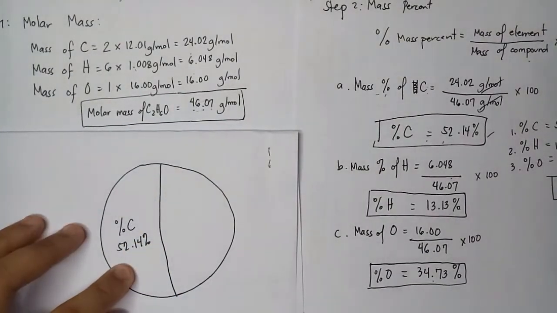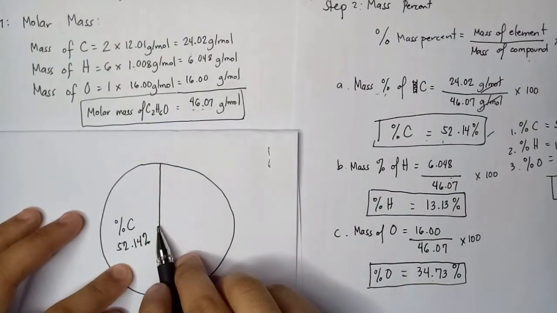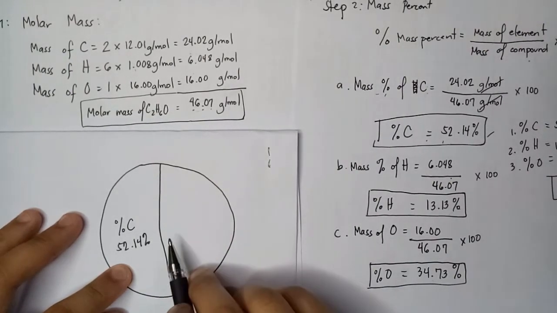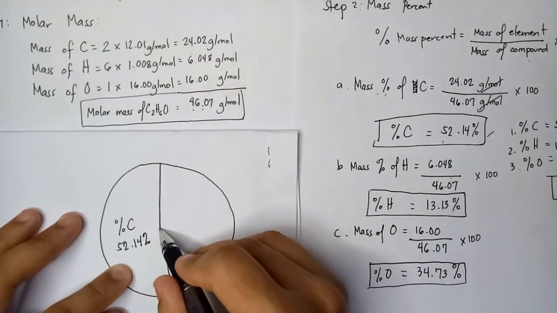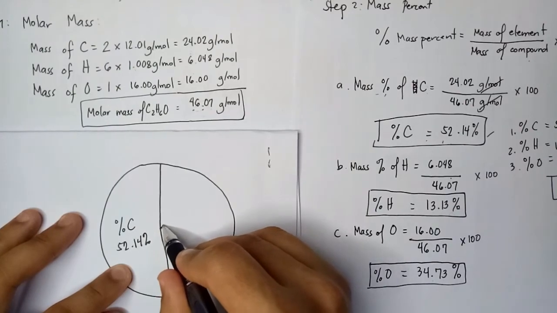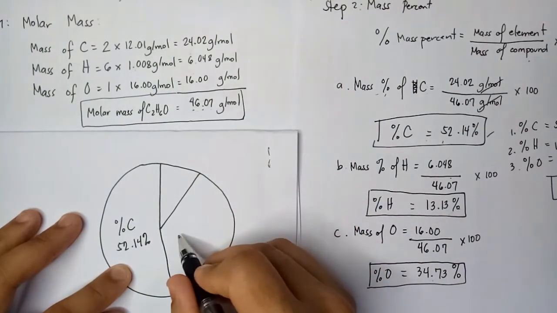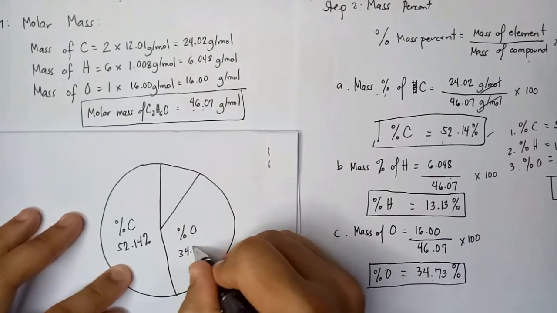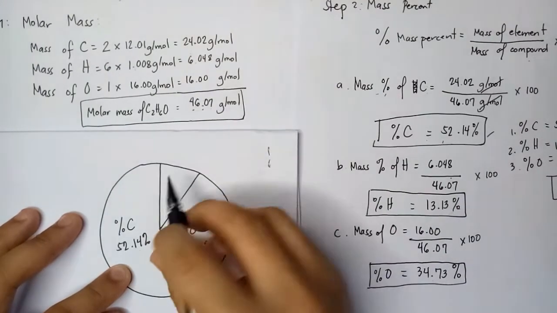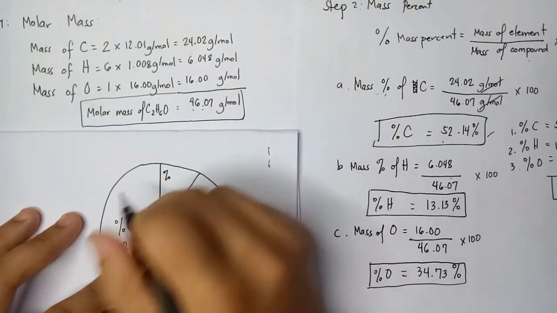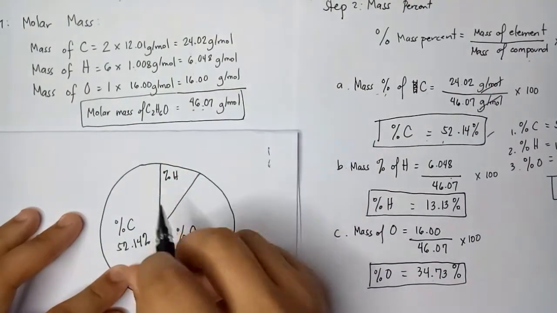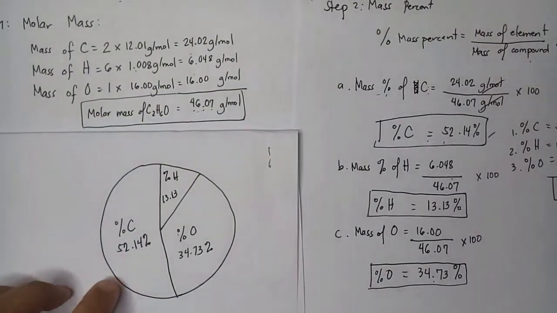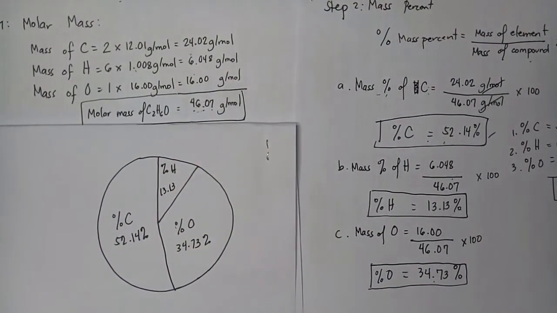Next, kung ang 1/4 ay 25, mag-add na lang tayo ng konti. Tansyahin na lang muna natin. The remaining is the percent of oxygen, 34.73%, and the percent of hydrogen naman ay 13.13%.